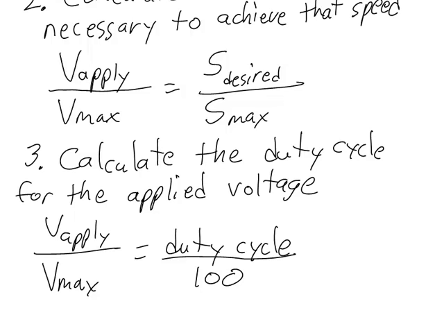Now, if you happen to not know the V applied and the V max, note that V applied over V max is also equal to the speed desired over the speed max. So you can also calculate the duty cycle from the speed.